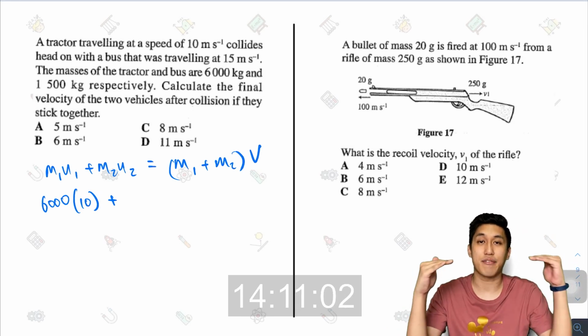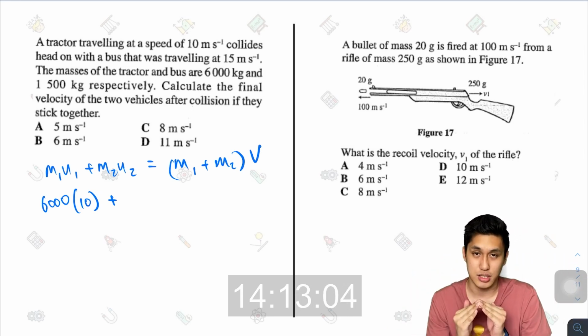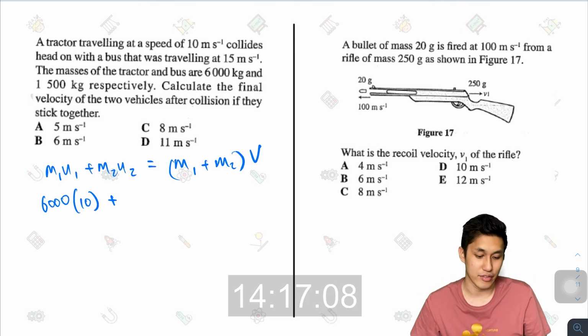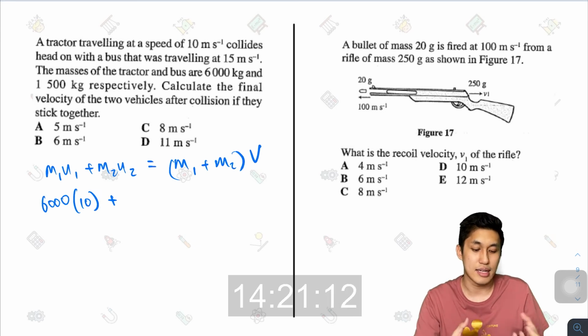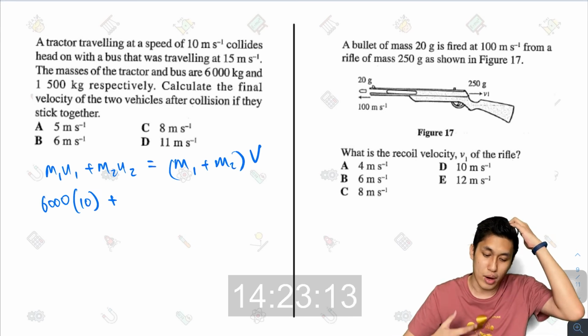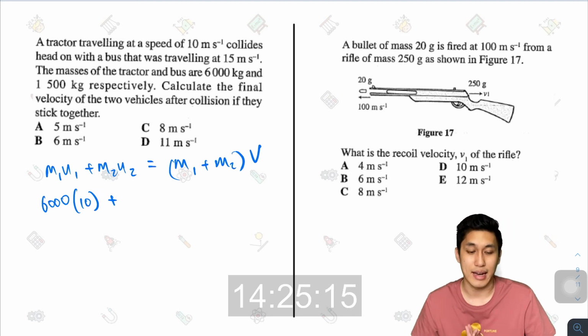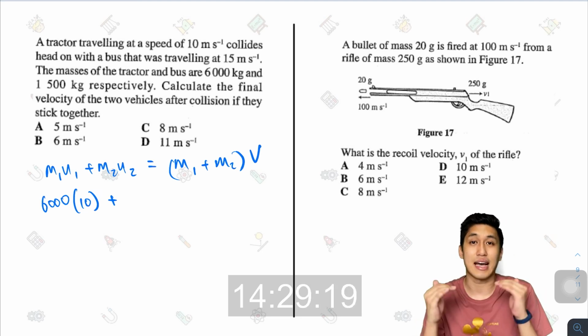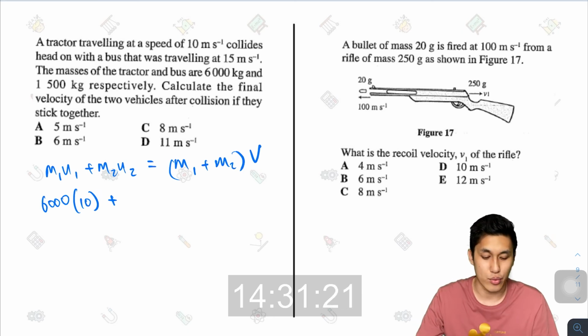now because they collide head on, that means they must have been traveling in opposite directions in the beginning. So I will put one of these velocities as negative. It's up to you which one, because in the end the answer would be the same. One you might get positive, I might get negative, but as long as you put both velocities with opposite signs, you get the right answer.